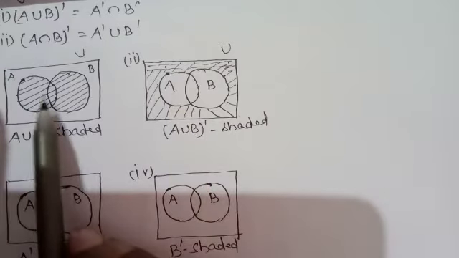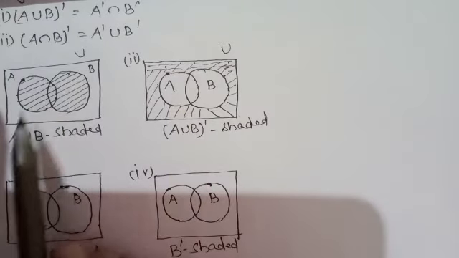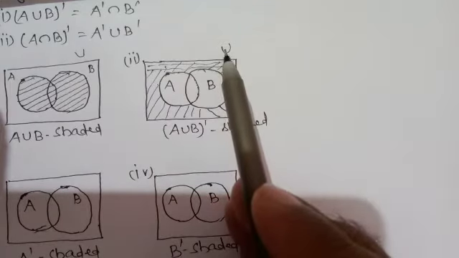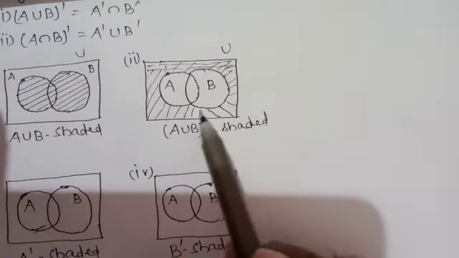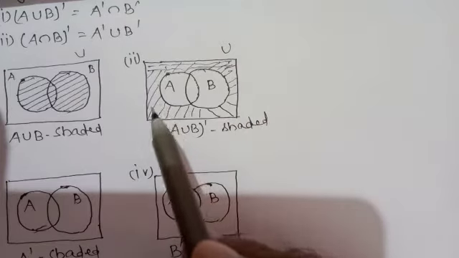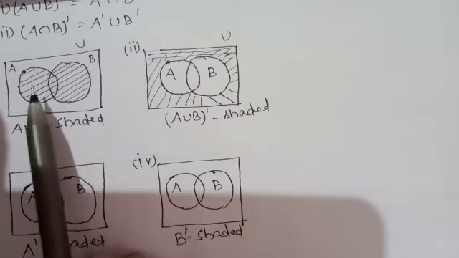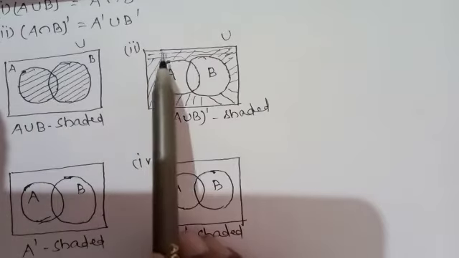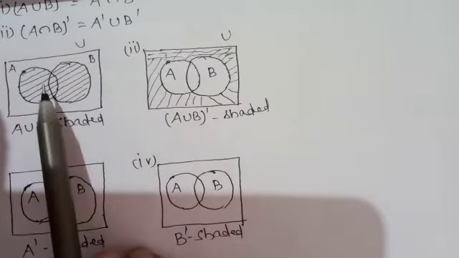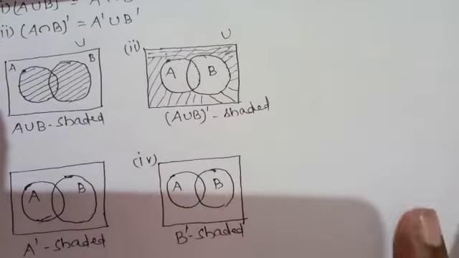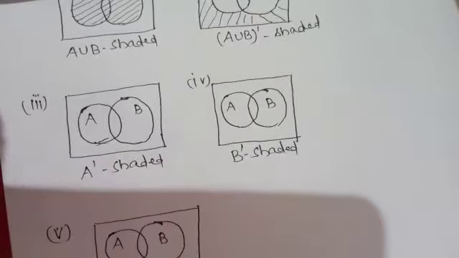This is A union B, and this is the complement of A union B, meaning the A union B part is not shaded in this one. Come on to the third figure.